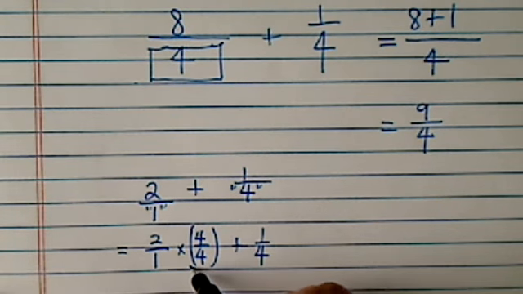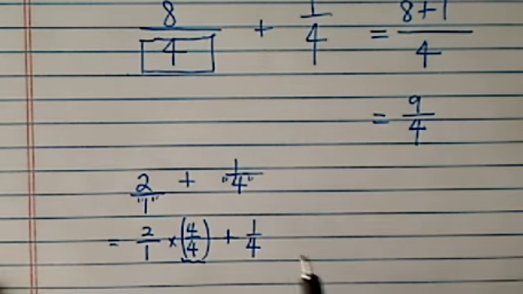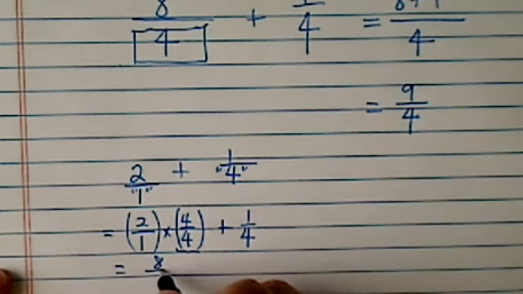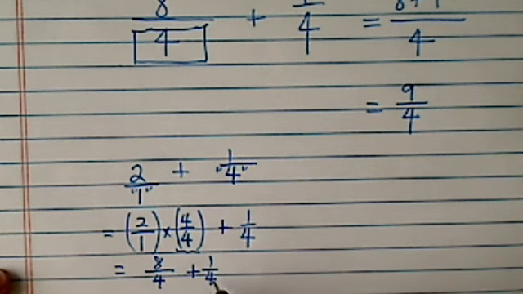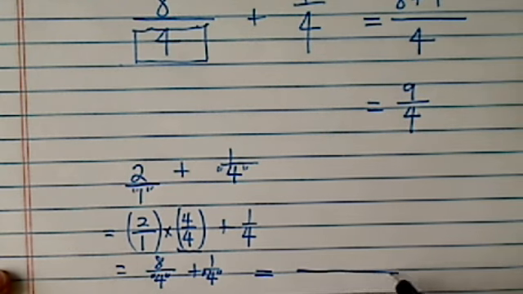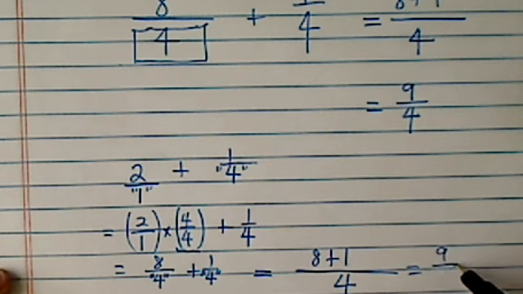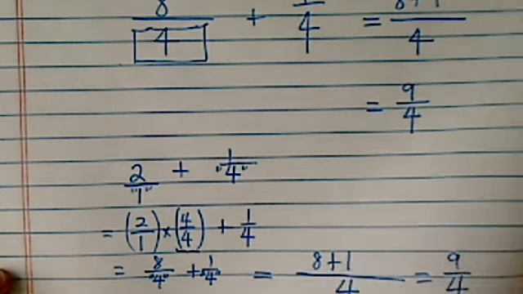When I multiply by 4 over 4, I did not change the value of 2 over 1. Kind of smart, huh? Let's go from there, and then I have 8 over 4 plus 1 over 4. Once everyone is on the same boat, we say same boat, which is 4, and then we add whatever I have on top. And I get 9 over 4, right?